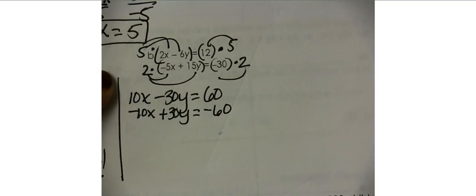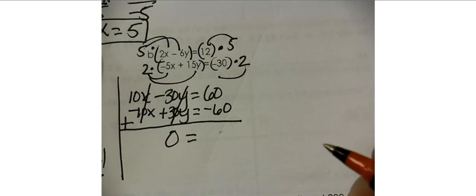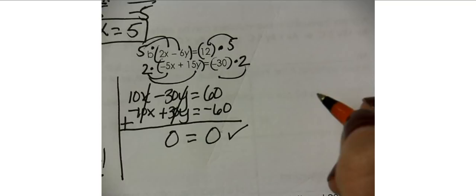I'm going to add, going straight down, and 10x minus 10x cancels away, and negative 30y plus 30y cancels away, so I'm left with 0 on this side. And 60 minus 60, that's equal to 0. And I end up with 0 equals 0. This is true. 0 does equal itself. So what that means is that we have infinitely many solutions.